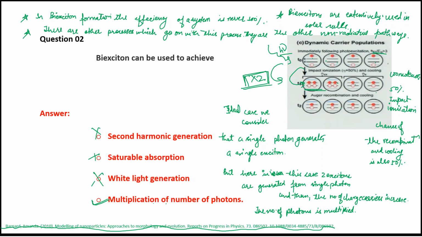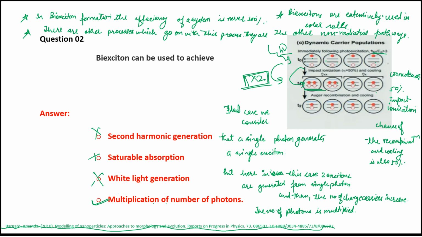Then in this question, there are two other processes which will also be studied, followed by the bi-exciton and the photoexcitation. The bi-exciton is formed by impact ionization, where 50% of the population after excitation may undergo cooling, but the rest 50% is still capable of achieving impact ionization and generating a bi-exciton.